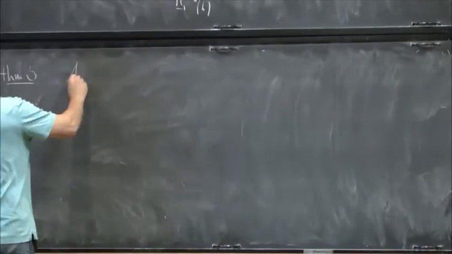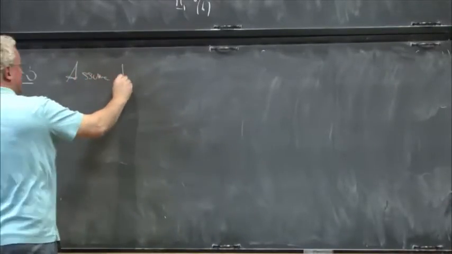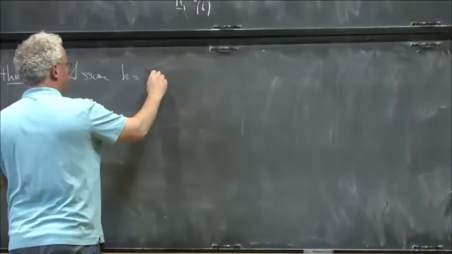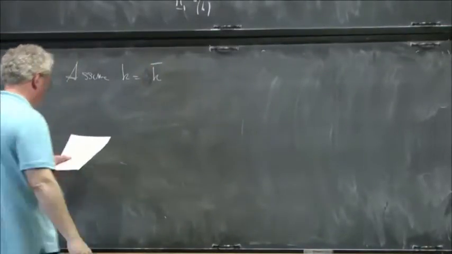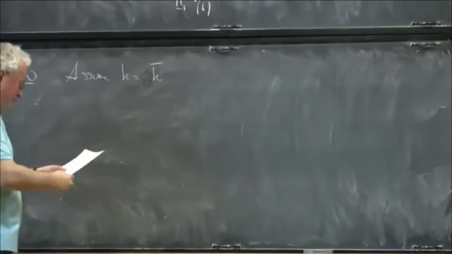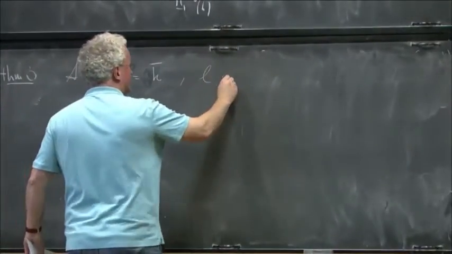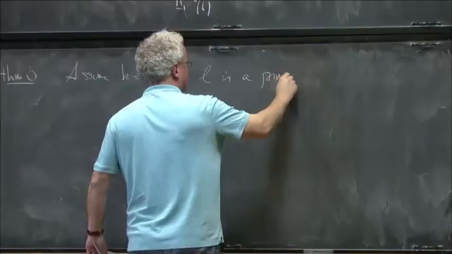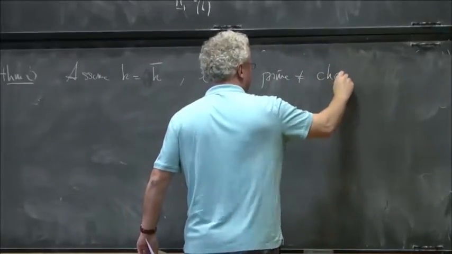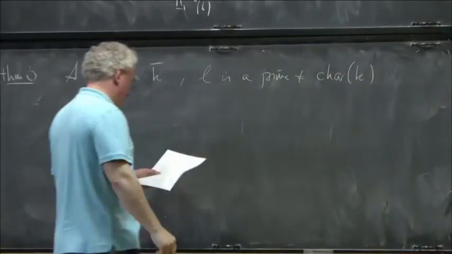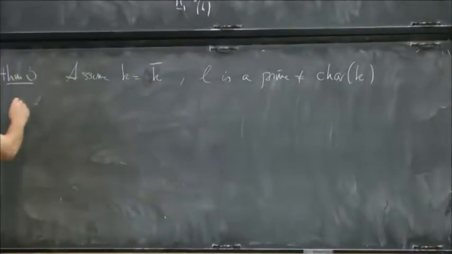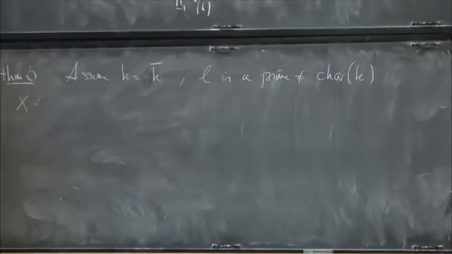So we assume K is algebraically closed, and L is a prime number different from the characteristic. And then we have to assume something on X. What I'm going to say is what we saw in the examples.